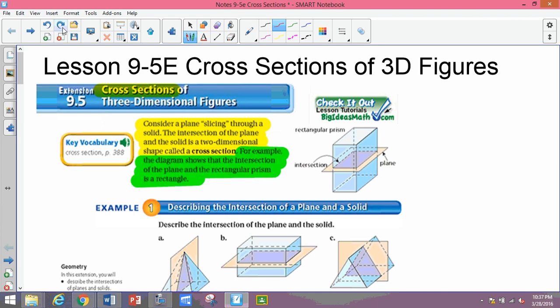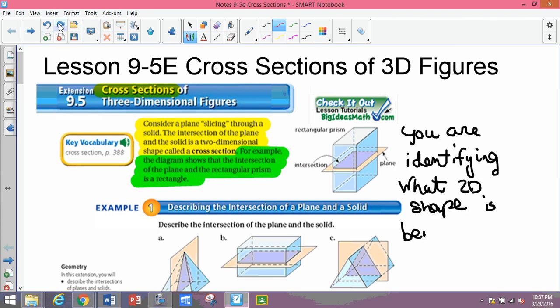So for example, this diagram shows the intersection of the plane, the pink piece, is cutting the rectangular prism, the blue piece, and then what's left, the purple piece, is what is called a cross section. Okay? So a cross section is essentially identifying what two-dimensional shape is being created when you slice a three-dimensional shape with a plane.